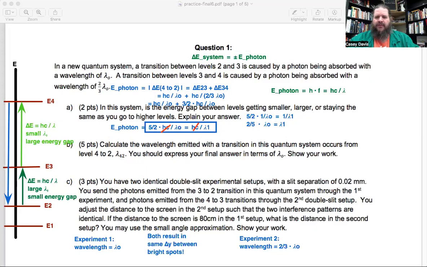I would say these are two different sources. We've got one experiment that's using wavelength lambda naught for both slits, and another experiment that's using wavelength 2/3 lambda naught for both slits. So these are two completely different double slit experiments. But what is the same about them? What other numerical value are we told is the same about both of the double slit setups?